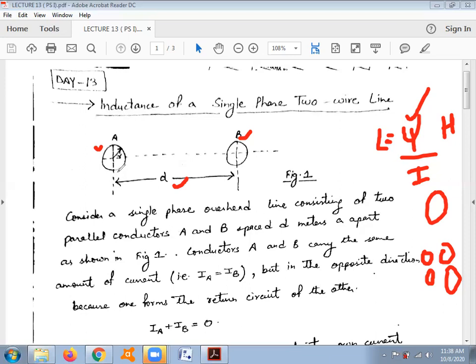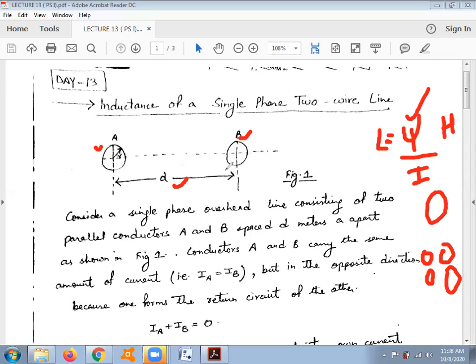The current flowing through conductor A equals the current flowing through conductor B, but their direction is opposite, because we are considering a single phase two wire line. One conductor is the return circuit of the other. From one conductor the current enters and the second is the return conductor.